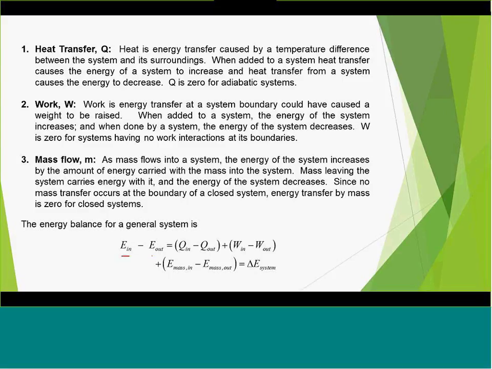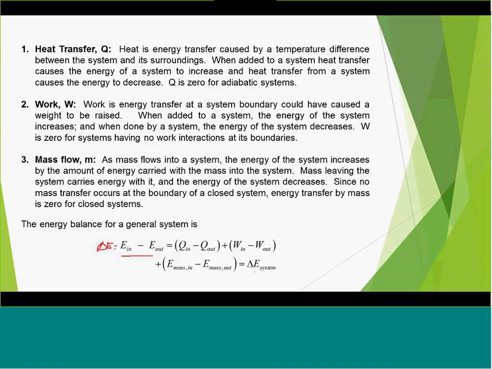Okay, we have the internal energy, where we focus on the heat transfer. Okay, so this is the general system. For delta E of the system, it is equal to the heat transfer plus the work being done plus the flow of mass.